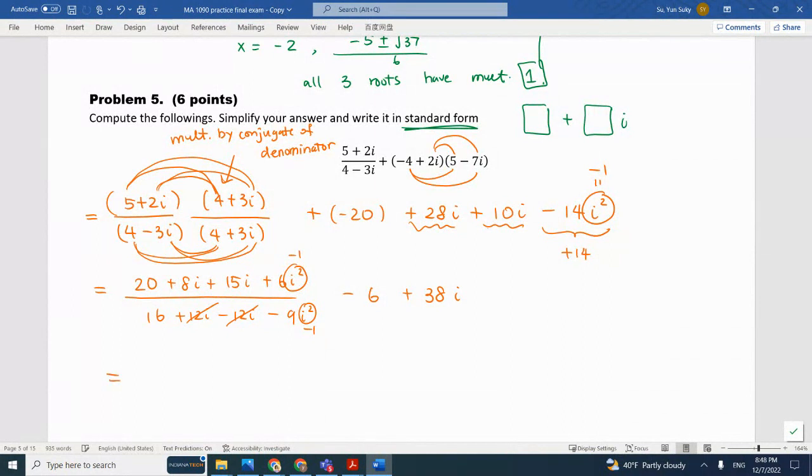How about here? 6 times minus 1 is negative 6. Combine with the 20, we get 14. And 8i plus 15i is 23i. And then in the denominator, negative 9 times negative 1 is positive 9. And 16 plus 9 is 25.